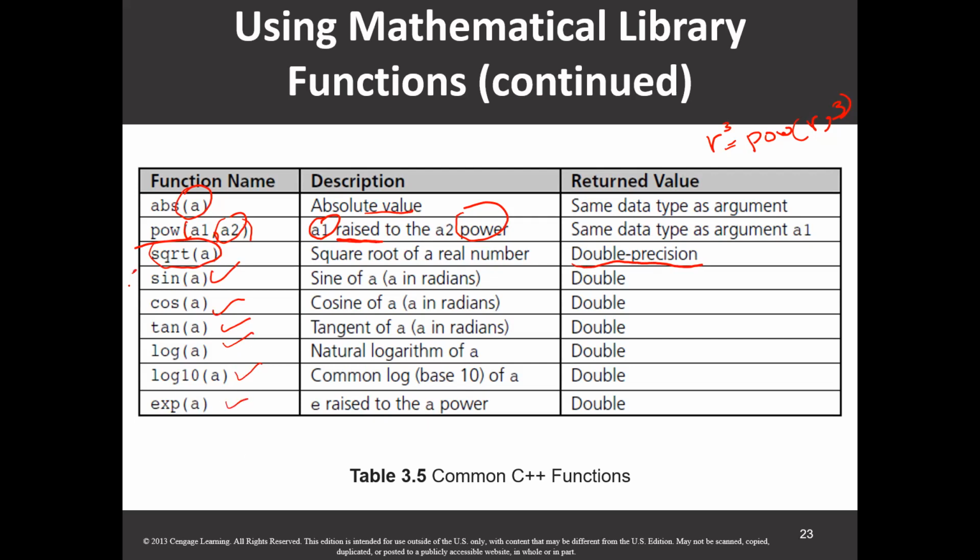For me, let's put these aside. The three most important, those at the top, are absolute value, power, and square root. Those are the ones that we are going to use for our mathematical equations. This doesn't mean you shouldn't look at the rest, but I want you to concentrate on these at the top: absolute, power, SQRT.